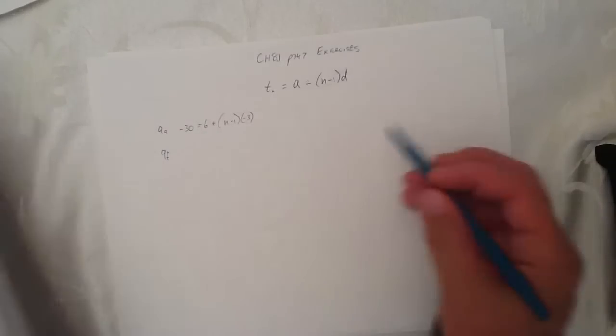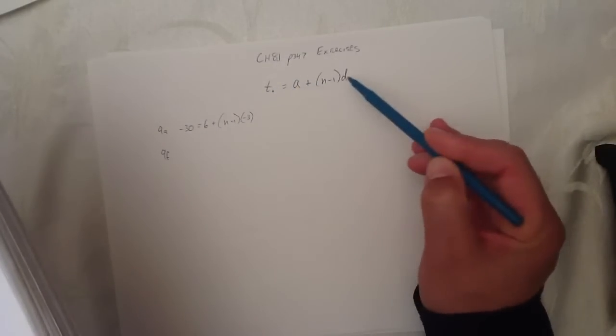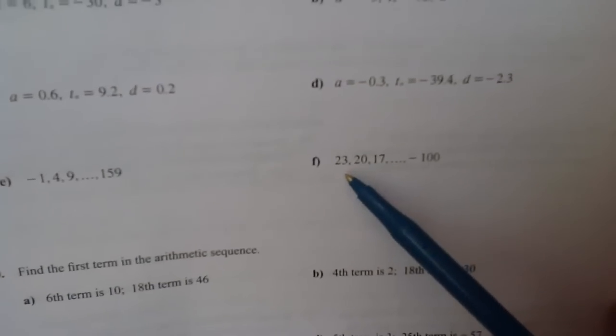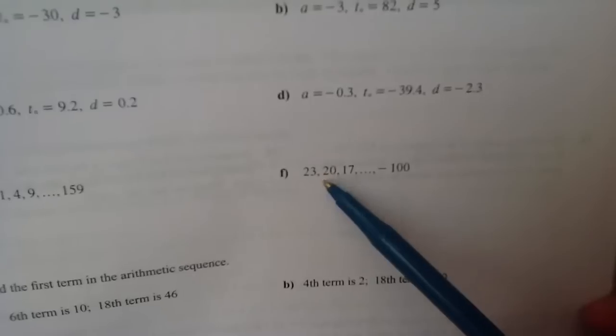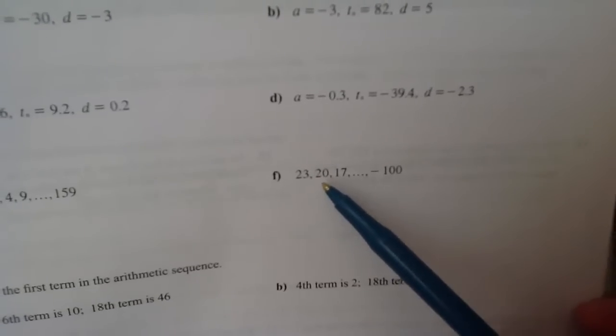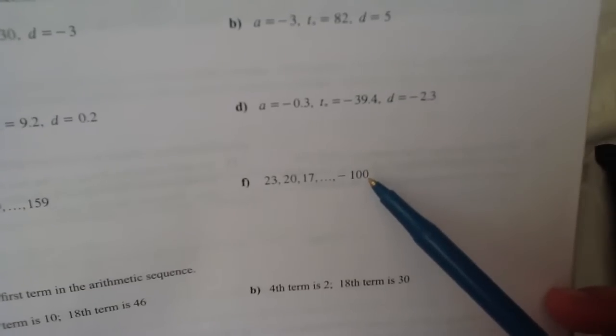9f. Once again, in this one, we're just going to plug in the values for tn, a, and d, and we're going to calculate n. So in this one, a is 23. That's our first one. It goes down by negative 3 each time. So d is negative 3. And tn, the last one, is negative 100.